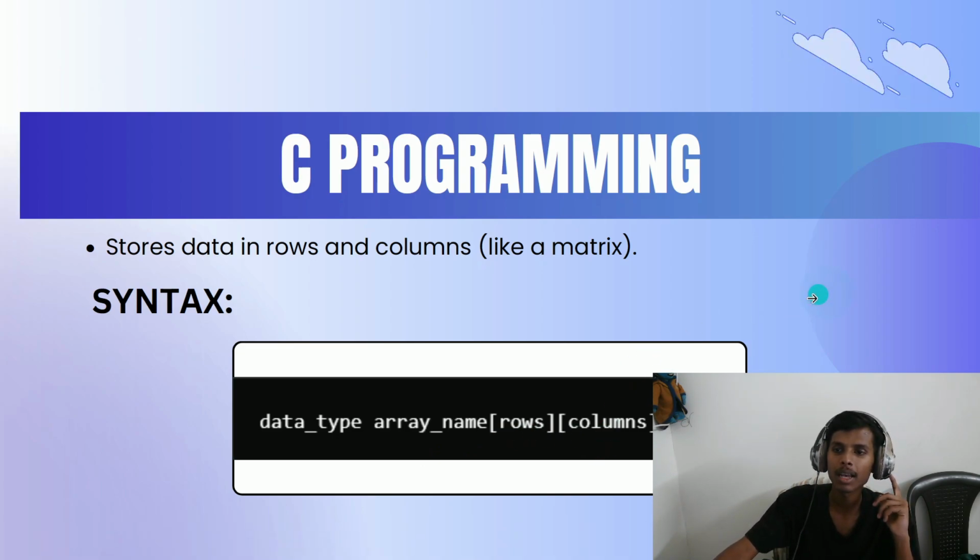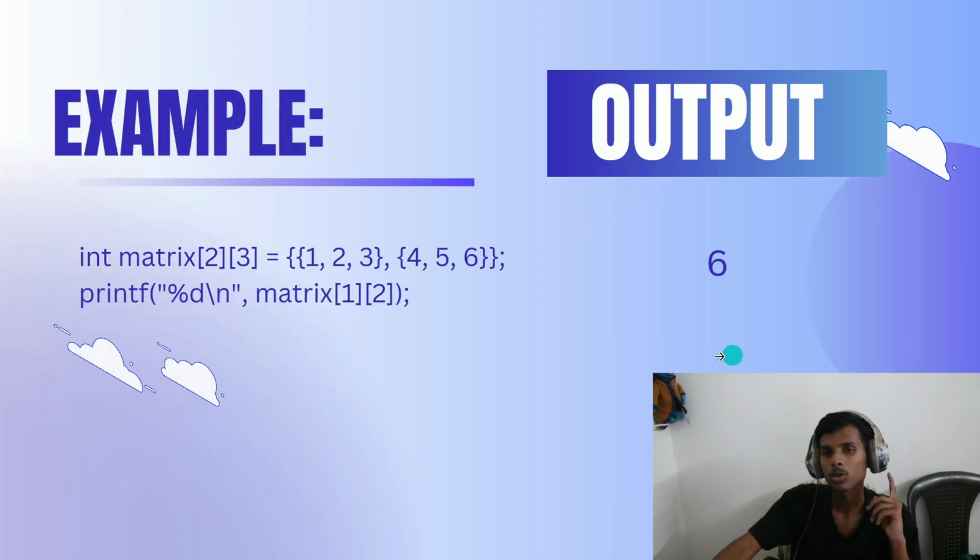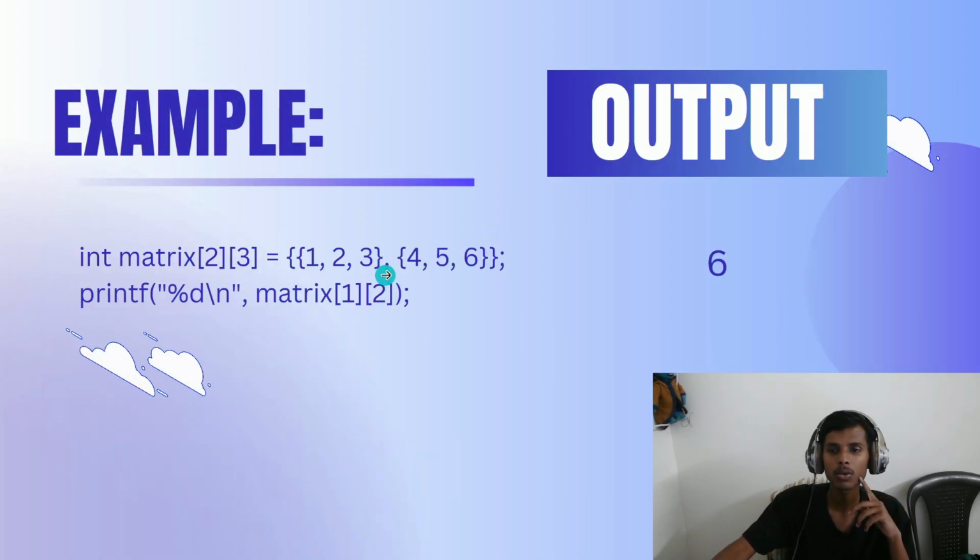So this is the example which is in front of you. Int is the data type which is used for the array matrix. We can create 2 rows and 3 columns. So the size of rows is 2 and the size of columns is 3, right?